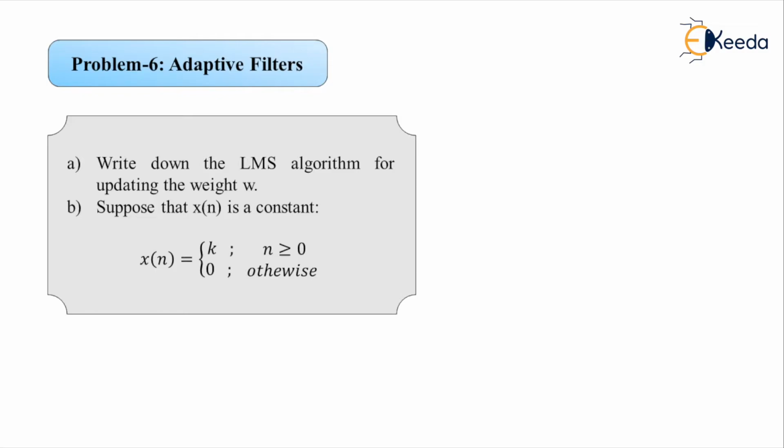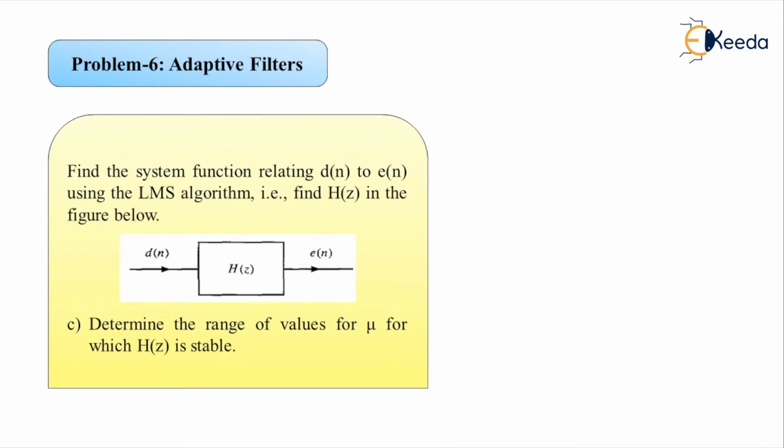We have to find the system function relating d of n to e of n using the LMS algorithm, that is, find capital H of z in the figure below. And part C, the last part of the problem statement, is to determine the range of values for mu for which H of z is stable.